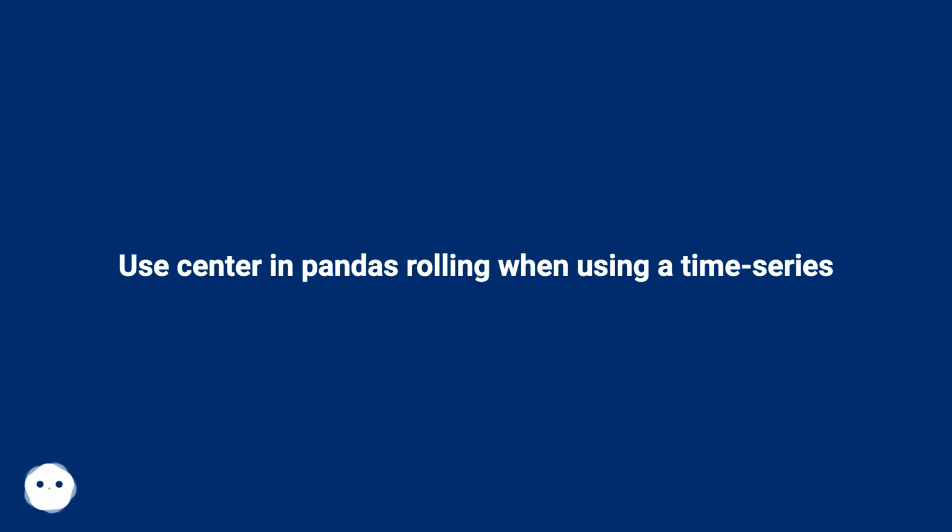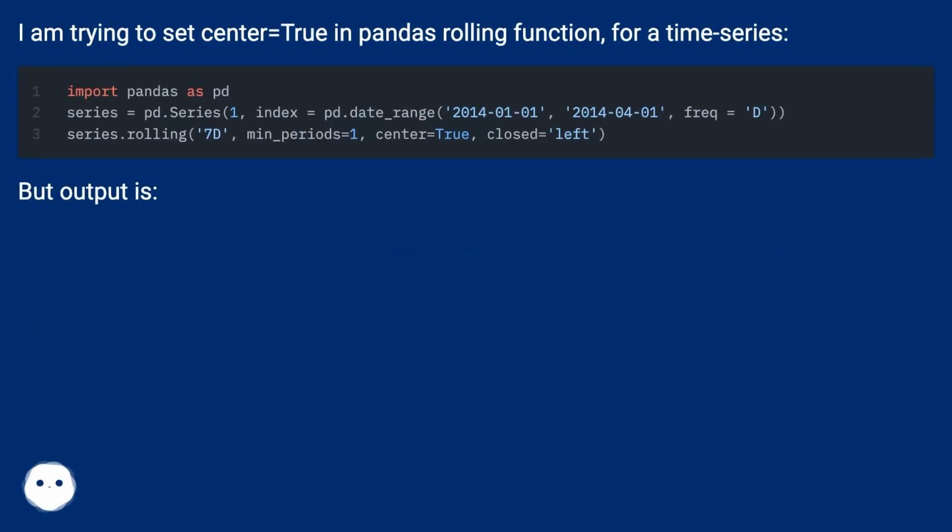Use center in Pandas rolling when using a time series. I am trying to set center equals true in the Pandas rolling function, for a time series.